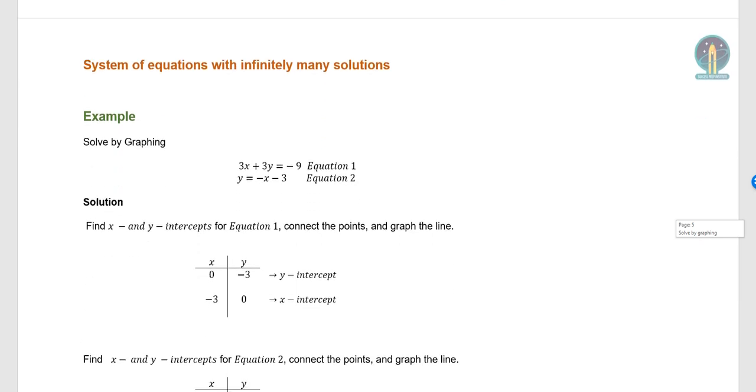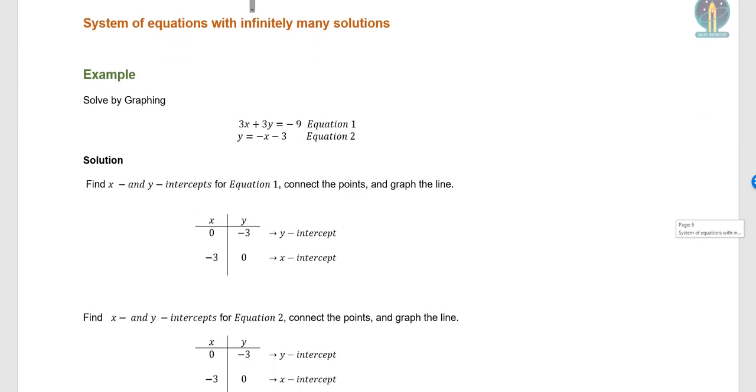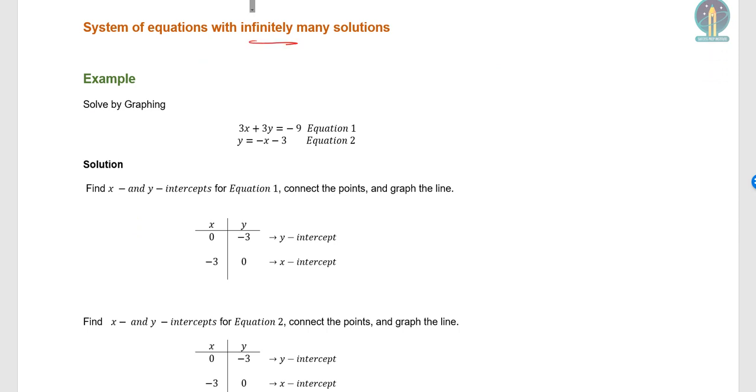Let's look at yet another system of equations that has infinitely many solutions. So here's the example. We have two equations, 3x plus 3y equals minus 9, and y equals minus x minus 3.